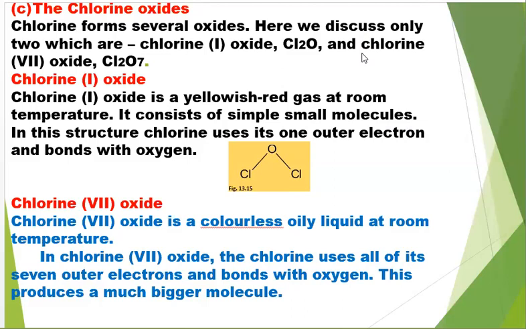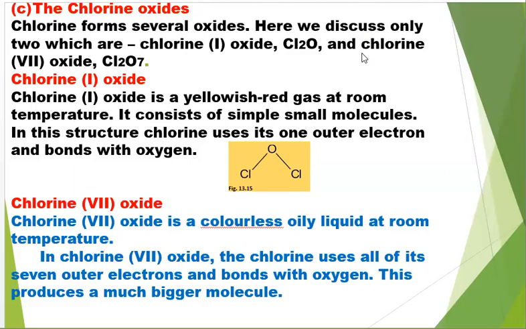Today we will discuss the structure of oxides of chlorine. In the previous lecture, we discussed the structure of the oxides of aluminium, phosphorus, sulfur, sodium and magnesium.